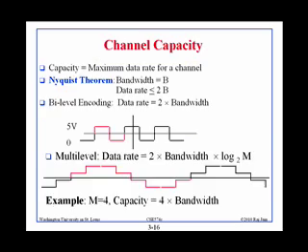Right? All right. Now we talk about channel capacity. So channel capacity is basically, there is a Nyquist theorem which says that if you have a binary signal, if you have just two levels, okay, plus 5 volt or minus 5 volt or plus 5 volt and 0 volt, as long as you have two levels, and if you use only B cycles per second, then you cannot get a data rate of more than 2B.